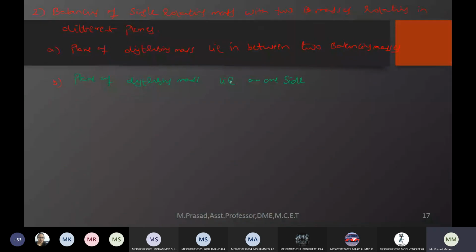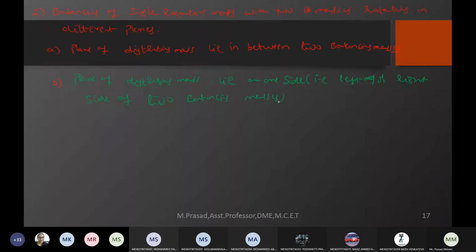The plane of disturbing mass lies on one side, that is left or right side, of the two balancing masses.